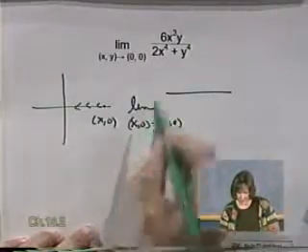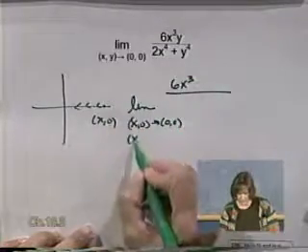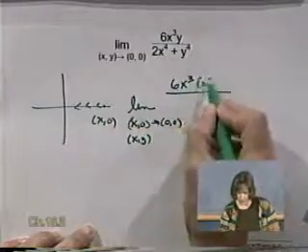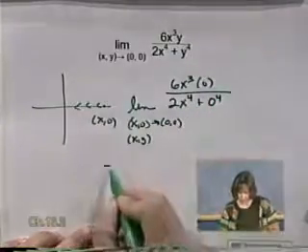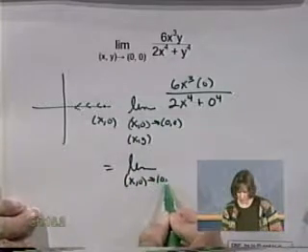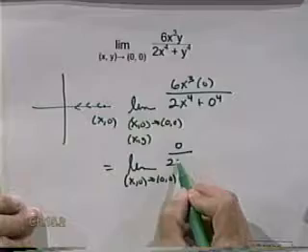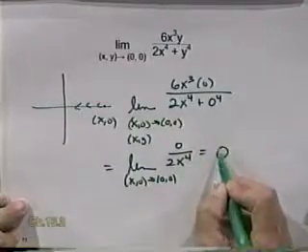And if I plug in an x for x, a 0 for y, I get the limit of 0 over 2x to the 4th. 0 divided by anything that's not equal to 0 is 0.